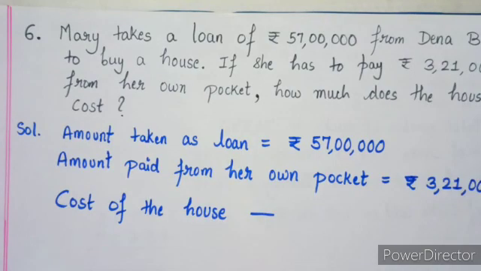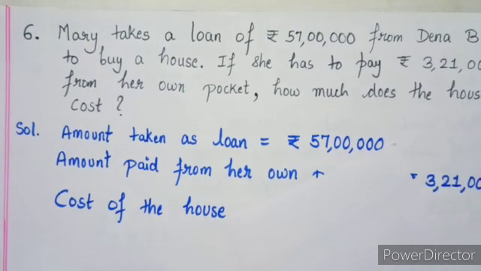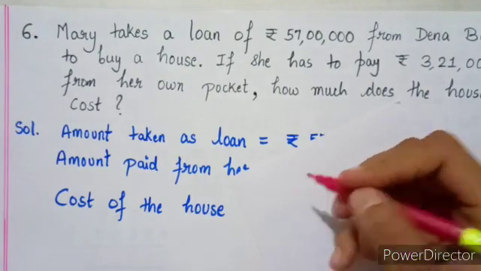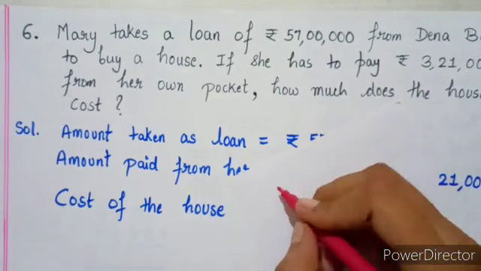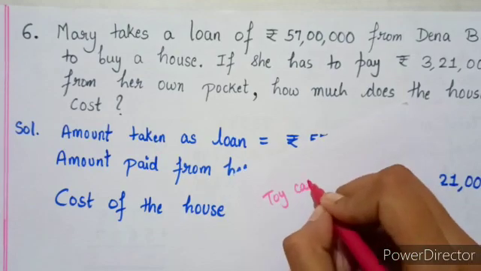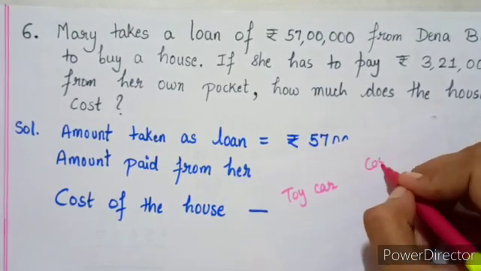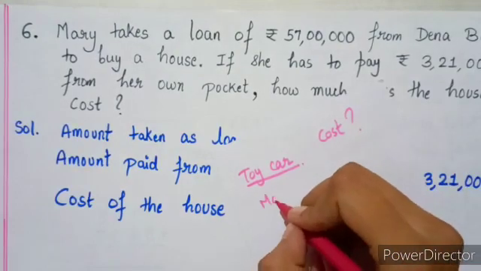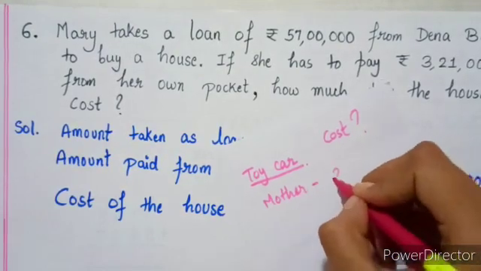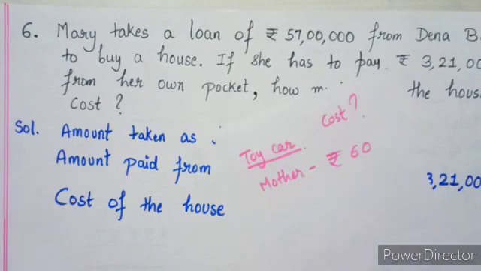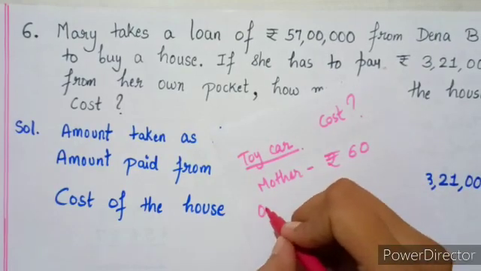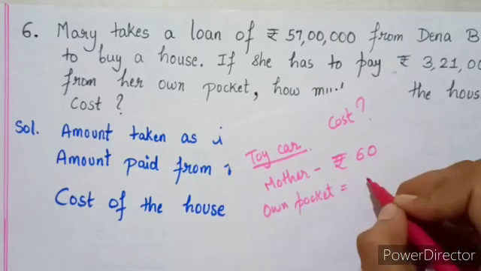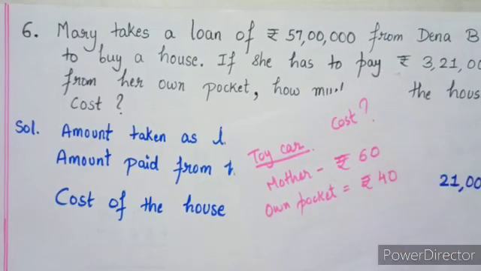Okay, let's take one example if you are a bit confused. We'll take small numbers. For example, if a girl wants to buy a toy car, the cost is not known to us. For this toy car, she takes 60 rupees from her mother, and from her own pocket she pays rupees 40.